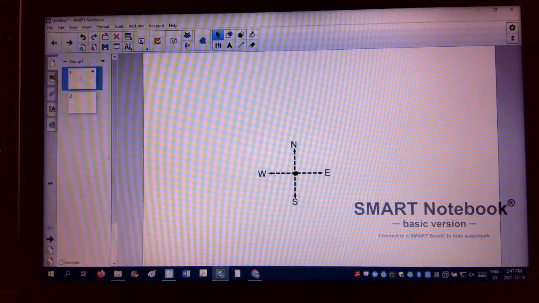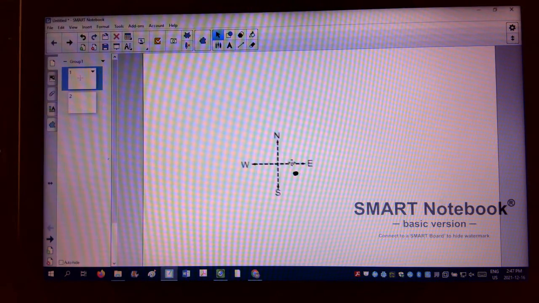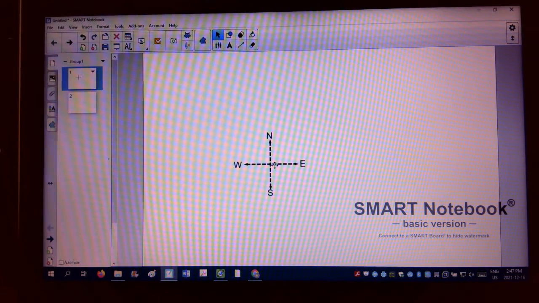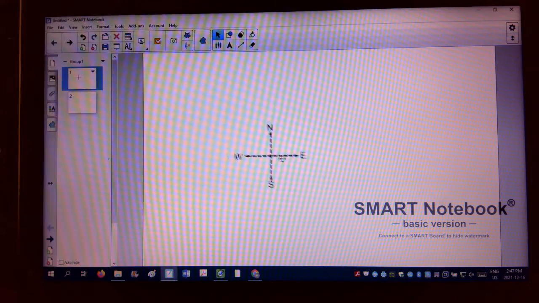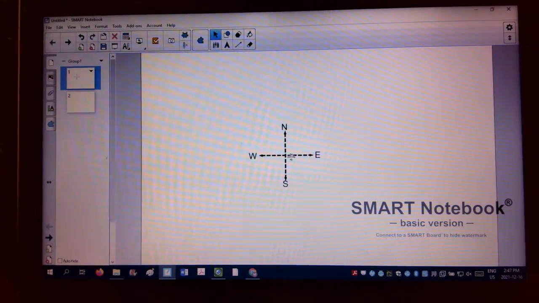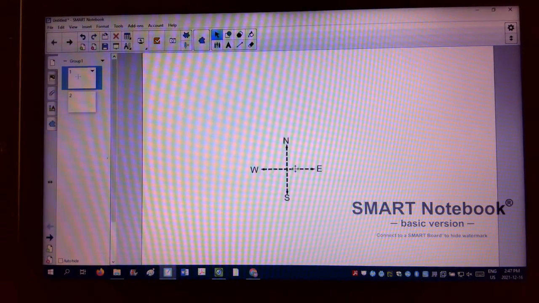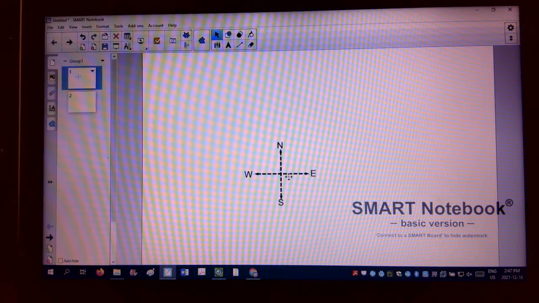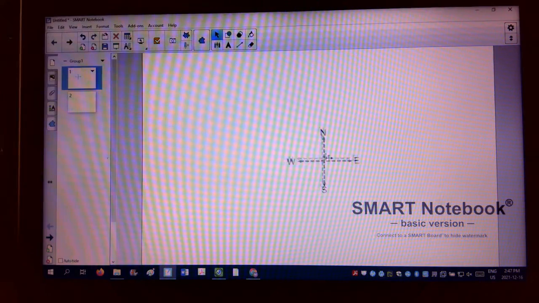So imagine you have your compass rose. So this follows you, right? Everywhere you go on this planet, you know that there's a north, west, east, south. It doesn't change, does it? It doesn't matter where you are, that's what it is.